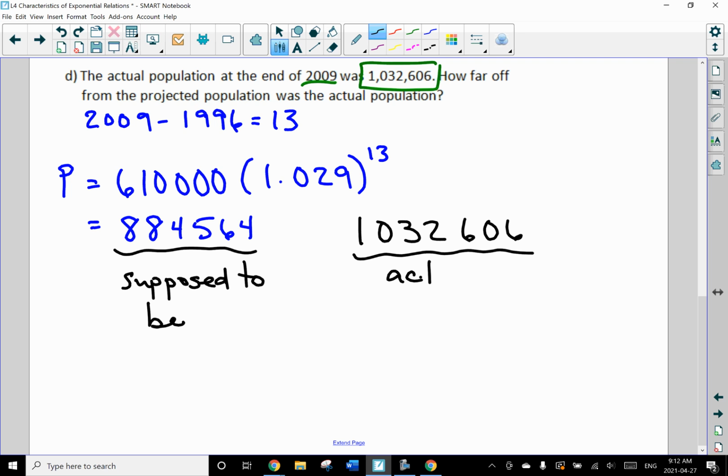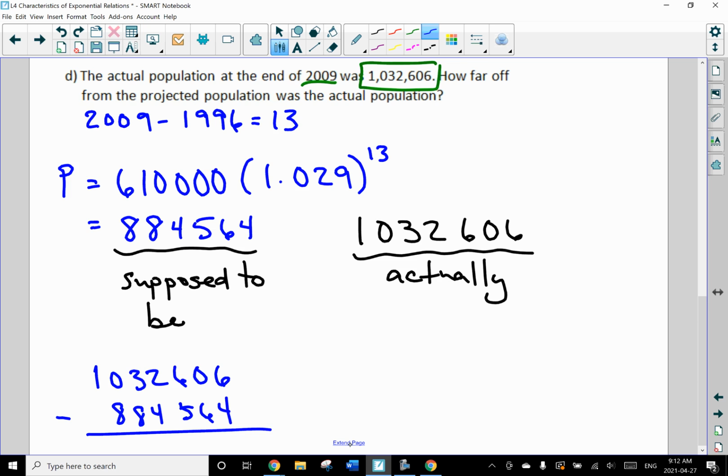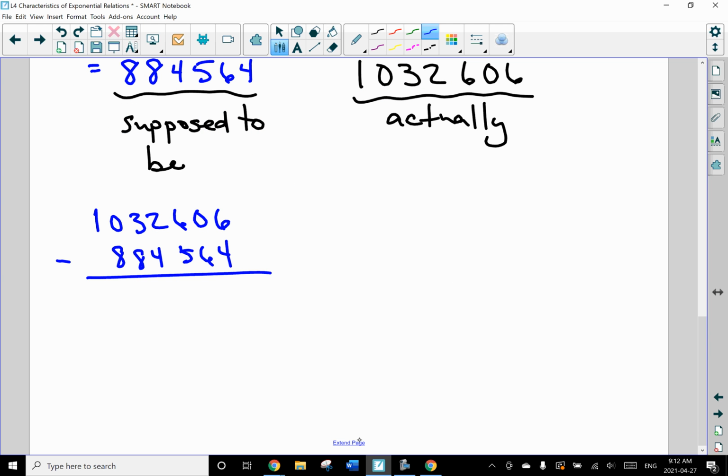How far off? Well, we would have to go 1,032,606. That's supposed to be a 6. And we'd have to subtract how much it was supposed to be. And this could go either way. Like you could either have more people than you thought you were going to get or less people.